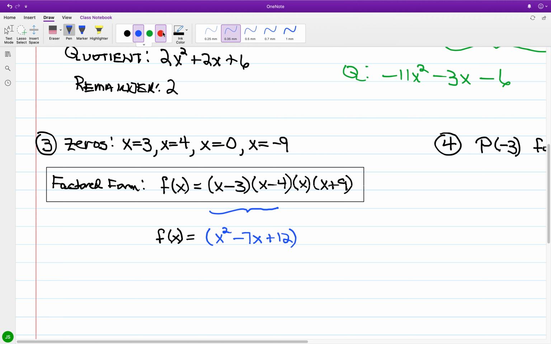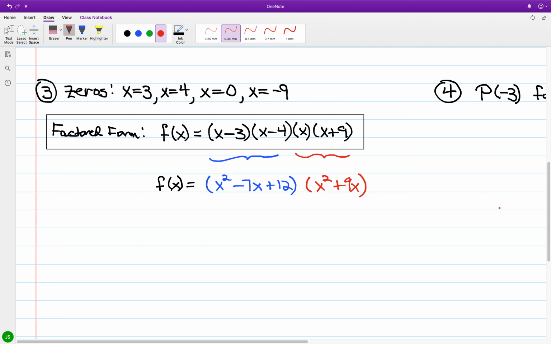If I were to form the next set of terms, multiplying x and x plus 9, I'm going to have x squared plus 9x. Lining up, we have x squared minus 7x plus 12, and now x squared plus 9x.